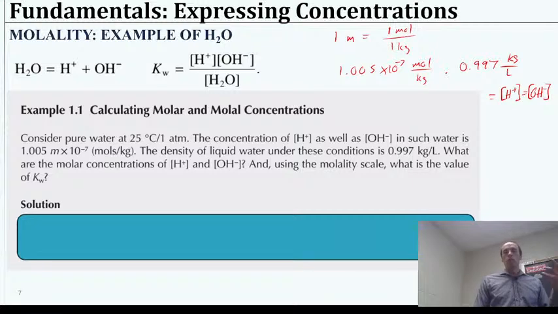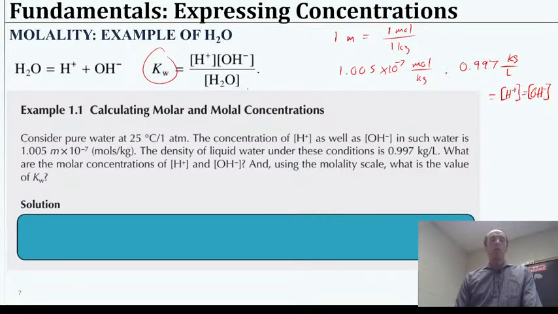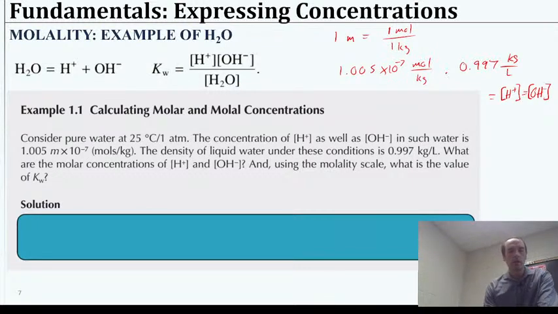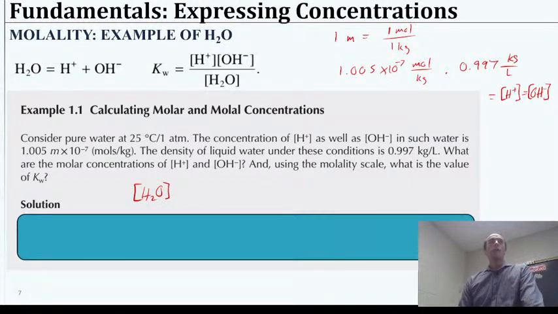Then when we go to use the molality scale, we can calculate Kw if we also find the concentration for water. So there's another question there, which is kind of an interesting one. What is the concentration of liquid water in water at room temperature? Now, oftentimes we treat this as 1, right? In molality, that should be exactly right.